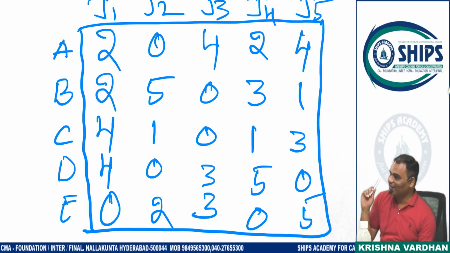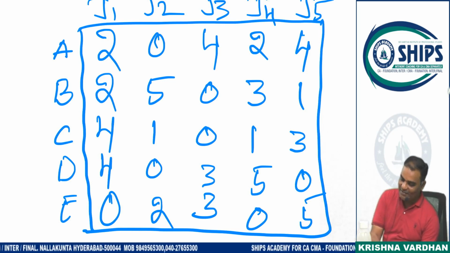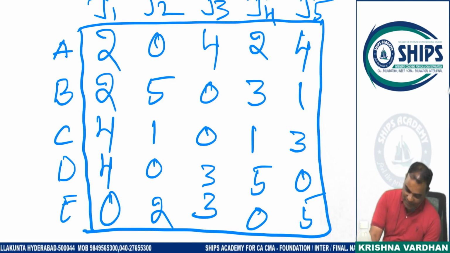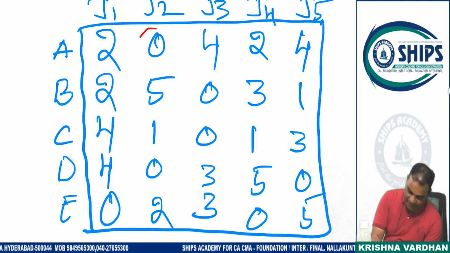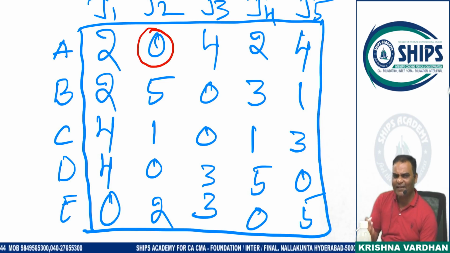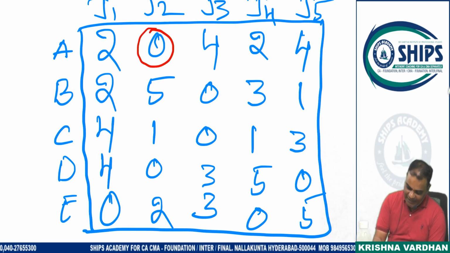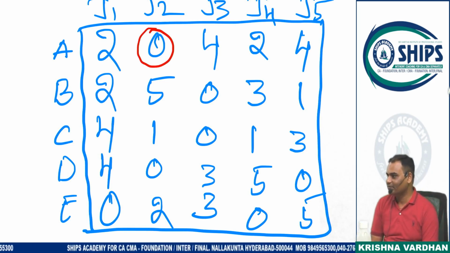We should always start with the row. So in row A, check how many zeros are there. One zero. So I'll use some colors here. Select. Circling, boxing, assigning, we are circling. I should check in the J2 column now. Are there any zeros?